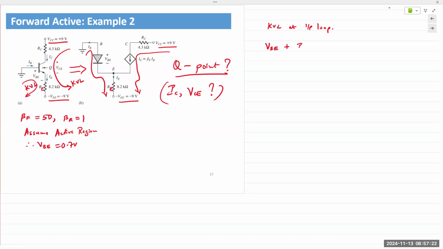So it'll be IE RE, and then minus VEE is equal to 0.